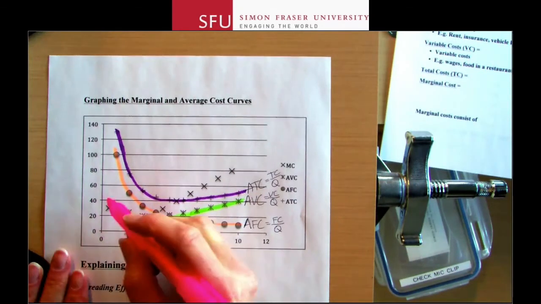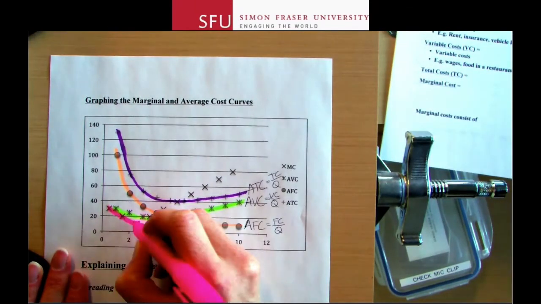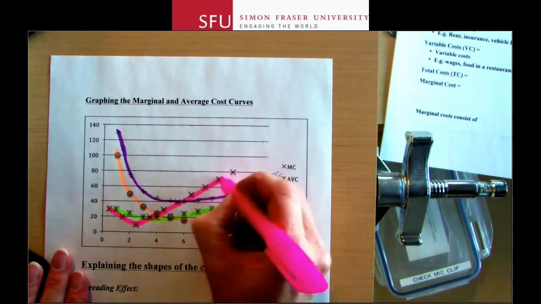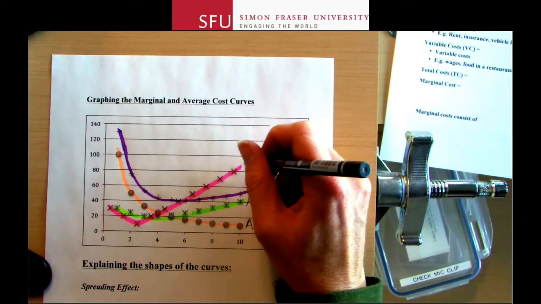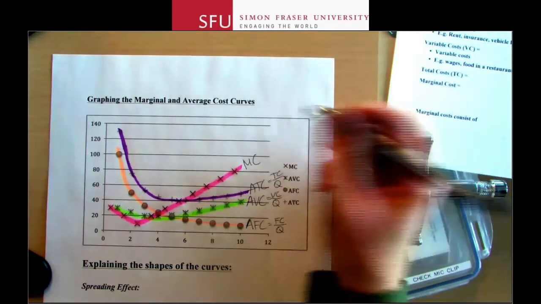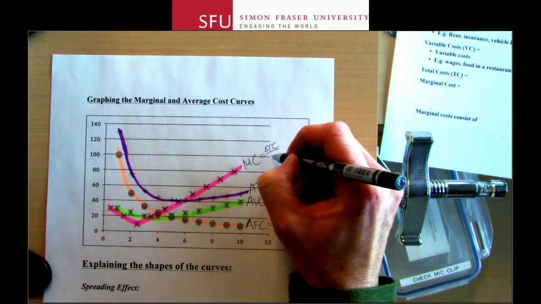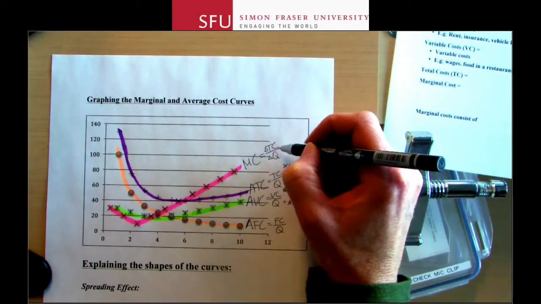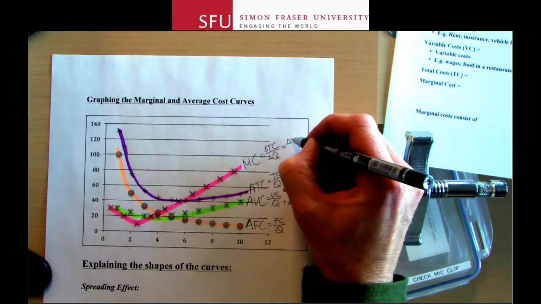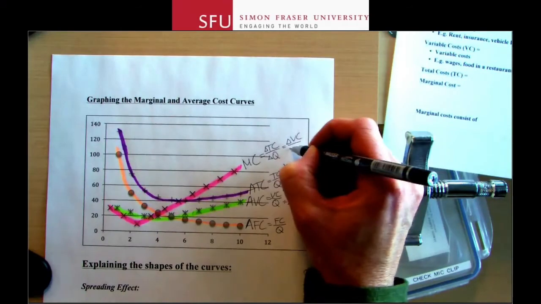So the marginal cost is this one. Marginal cost is going to follow a similar pattern to the average variable cost, even though it's a different formula. It's delta TC over delta Q. But remember how we talked about the fact that it's really delta VC because the fixed cost part of the total doesn't change.